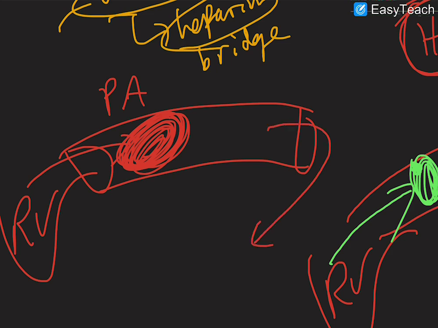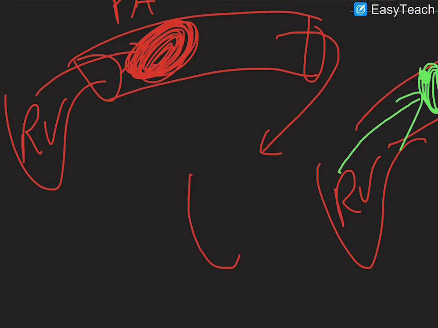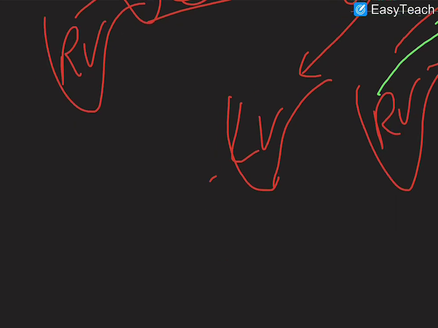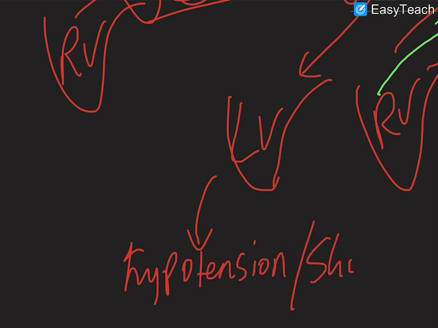Barely any blood flow is coming back to the left side of your heart, so there's barely any blood being pumped out of your left ventricle. That means you're going to have severe hypotension and shock. So that's hemodynamically unstable.